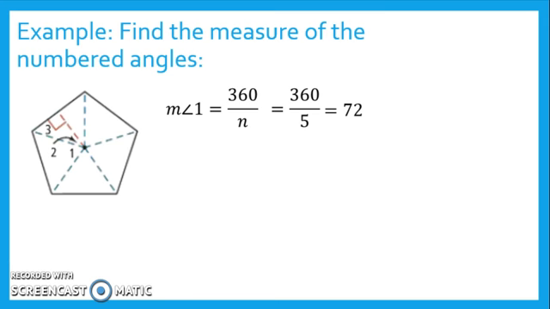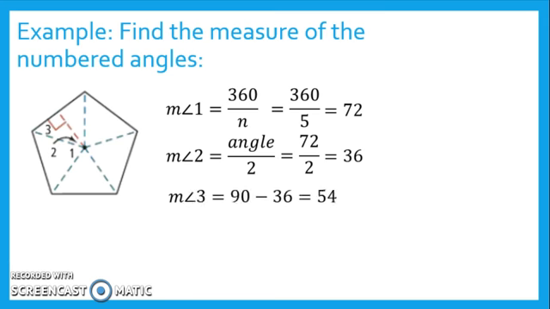To find angle 2, that's half of it: 72 degrees divided by 2 is 36 degrees. In the right triangle that we cut using the apothem, our angle is cut in half, so it's 36 degrees. Angle 3 is 90 and 36 subtracted from 180. So 90 minus 36 is 54. So angle 3 is 54.